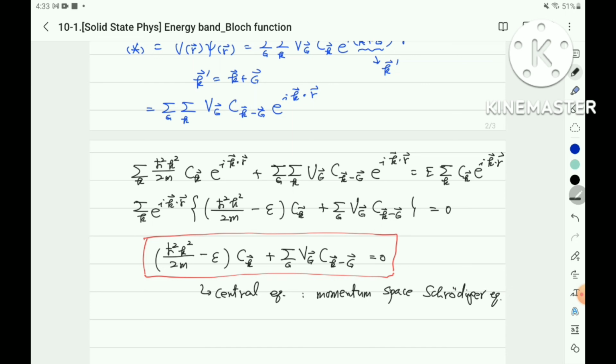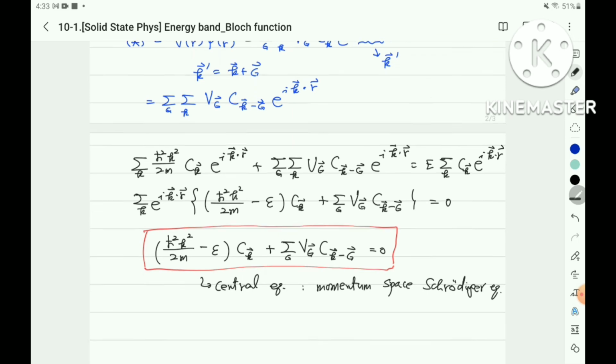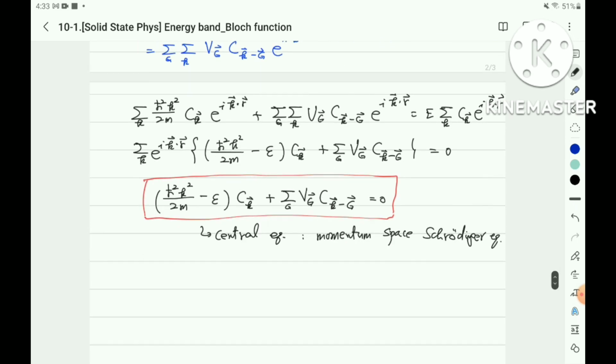Therefore, from now on, we will consider this central equation, not the Schrödinger equation, in solid state, because the periodic condition is very important. And also, let's think about that. We can show that this central equation should follow the Bloch theorem. The Bloch theorem means that the solution of this equation should satisfy the Bloch theorem and the periodic boundary condition.